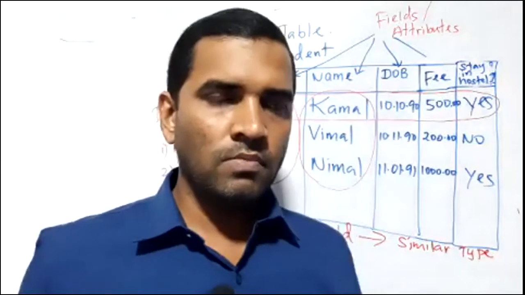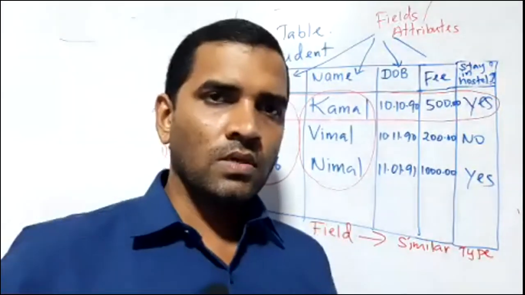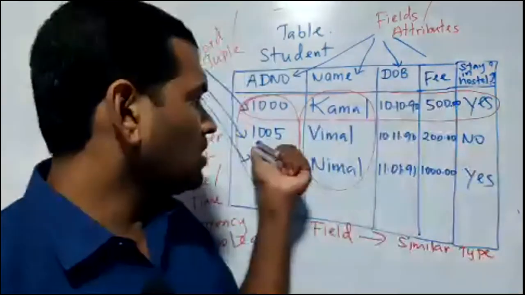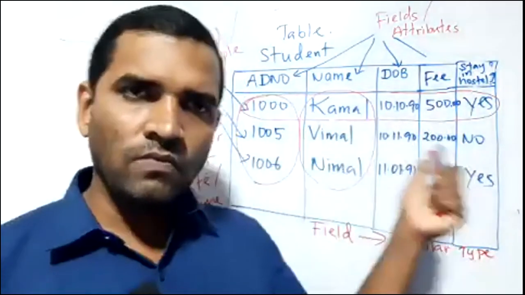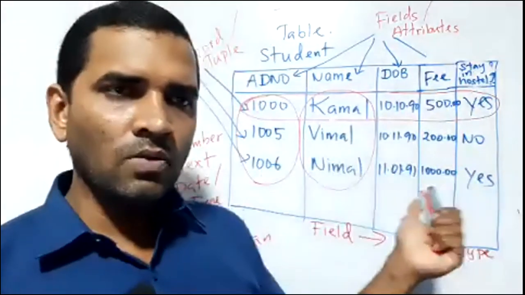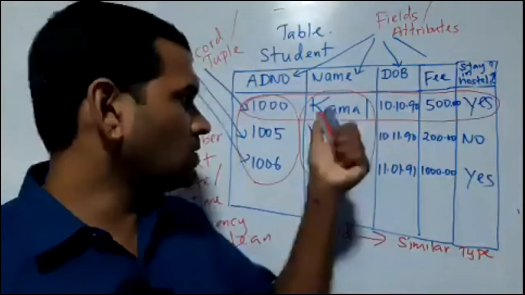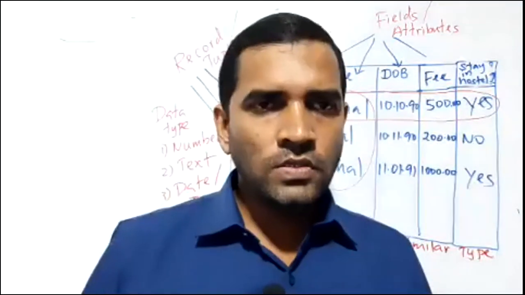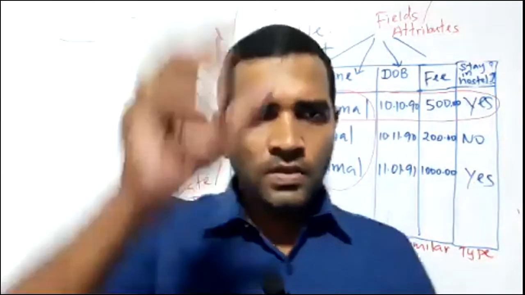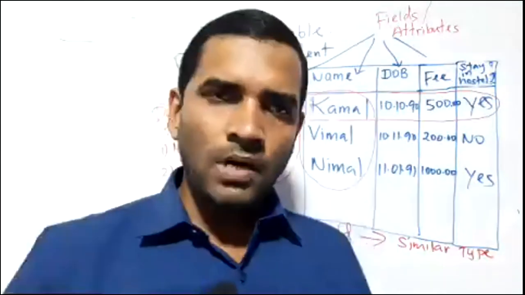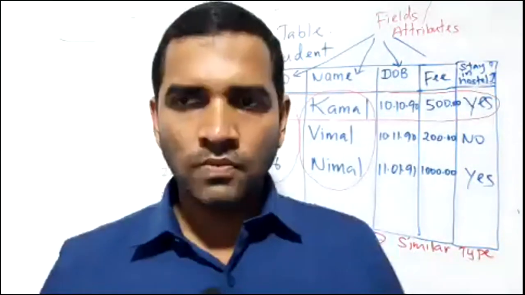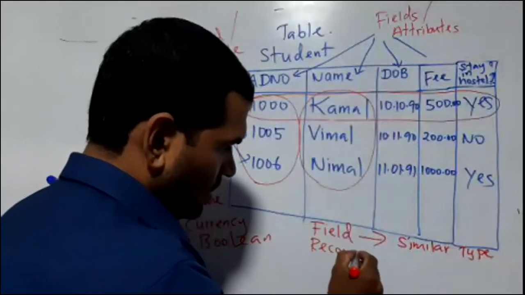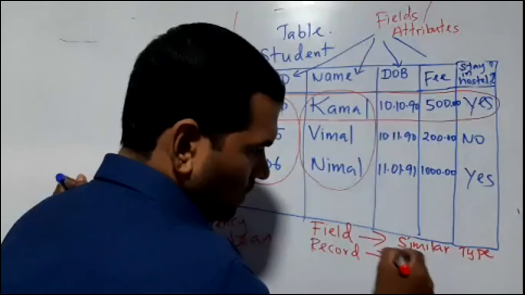So what does it mean? A record has different types of data. That matches for the second record too. I'm not going to take them one by one, but the second record also has number, text, date or time, currency, Boolean. So this is the conclusion: a field has similar type of data, but a record has different types of data.